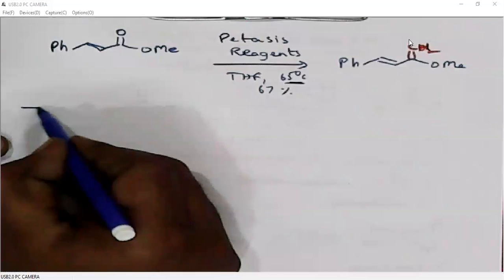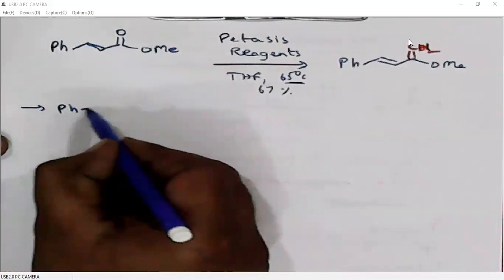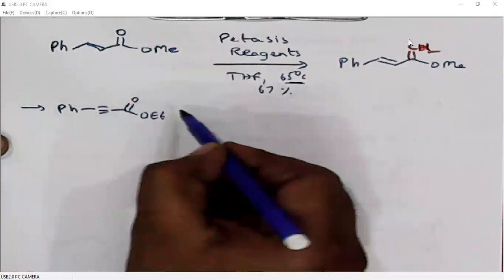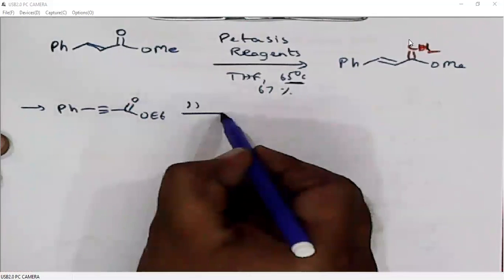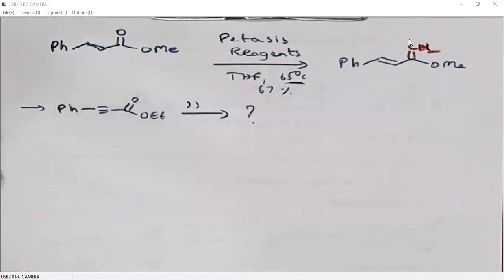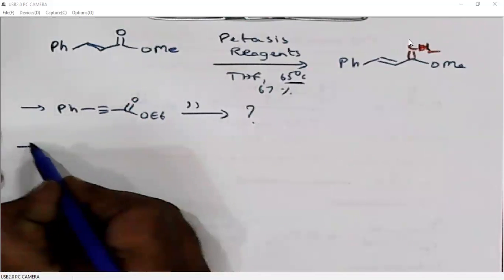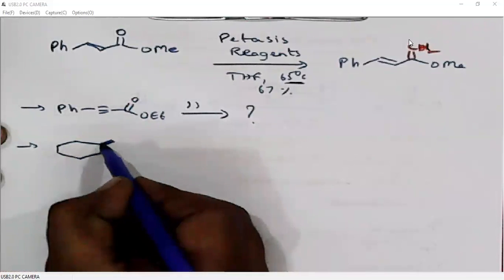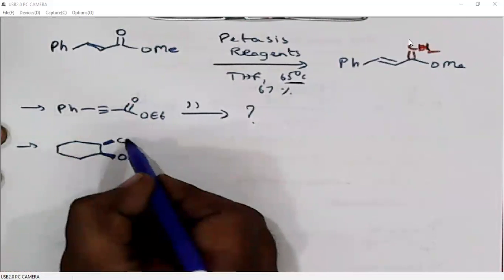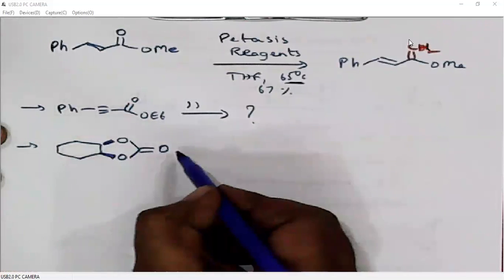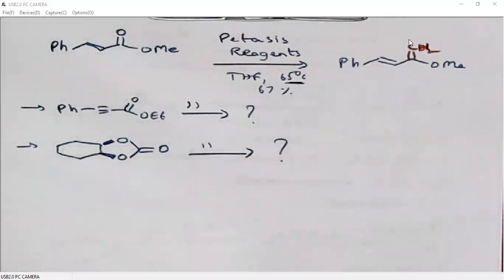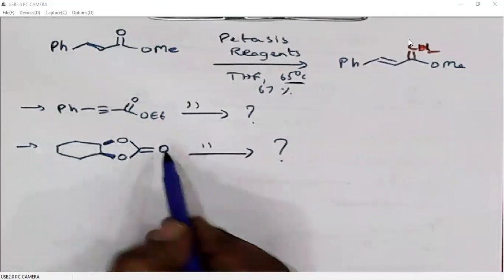I'll give you some more practice problems. You write the product. When you want to predict the product, you just remove this oxygen, that's it.